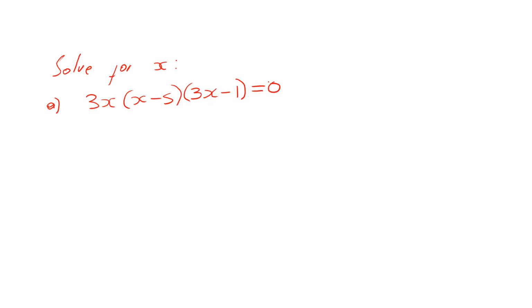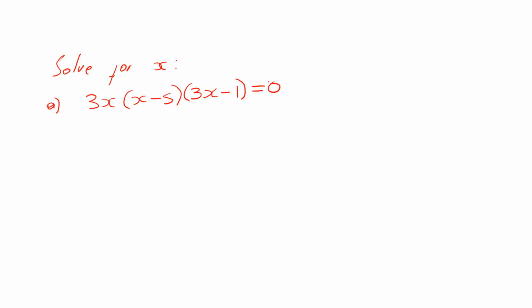Now, you need to understand that here, what you need to do is not to break the brackets, because a lot of students will go ahead and break the brackets and then try to factorize. Please note that here everything has been done for you, so you don't need to break the bracket.